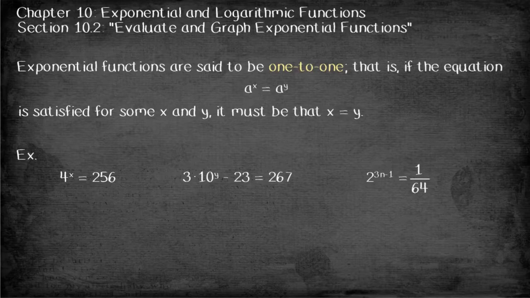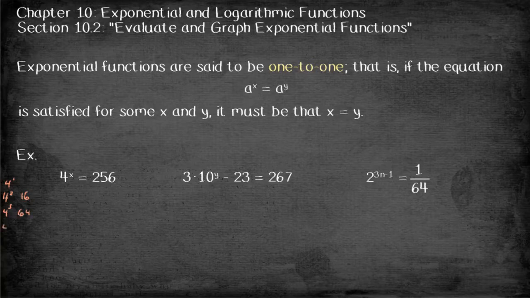So this first one, 4 to the x equals 256. Well, let me think about what my powers of 4 are. So 4 to the 1, 4 squared, which is 16, 4 cubed, which is 16 times 4, or 64.